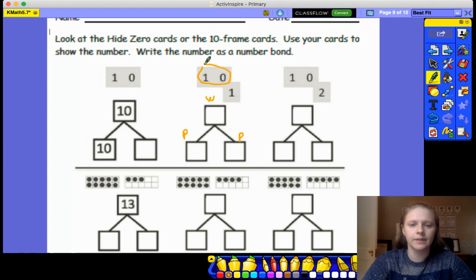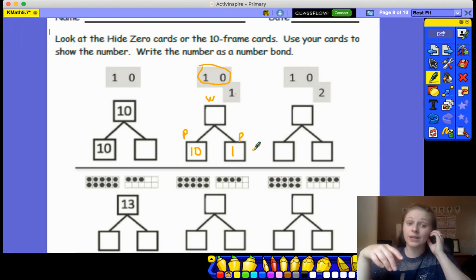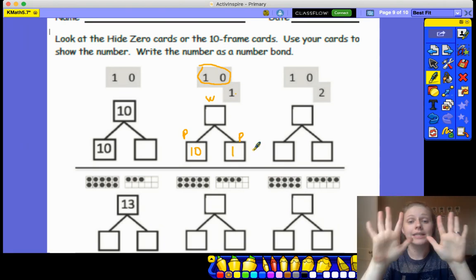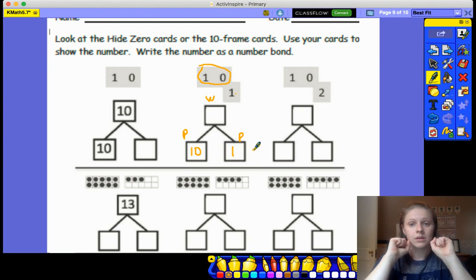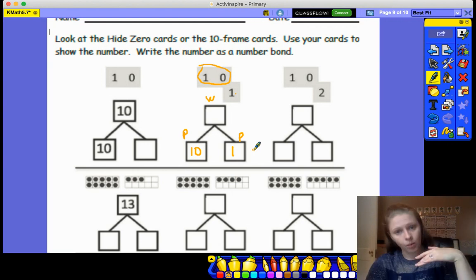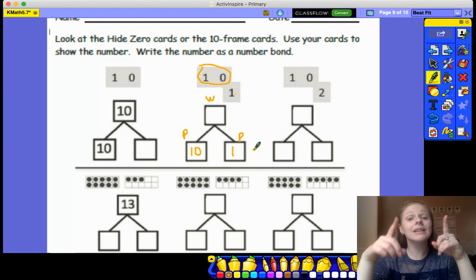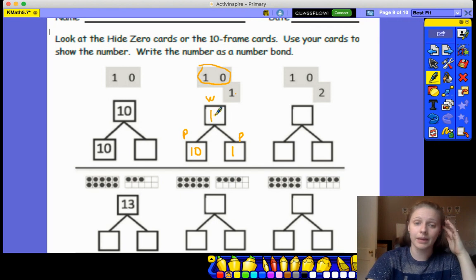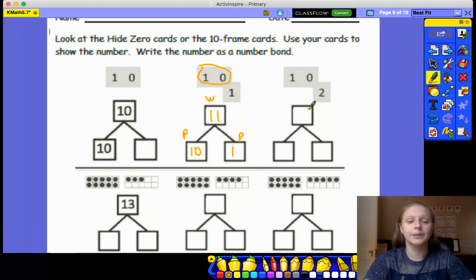What's inside of this circle? 10. Good. What's the other part? 1. Good. So now we're going to add those up so we can flash our fingers. 10, and one more is 11. Good. You're counting up and you're building that teen number. Good job.